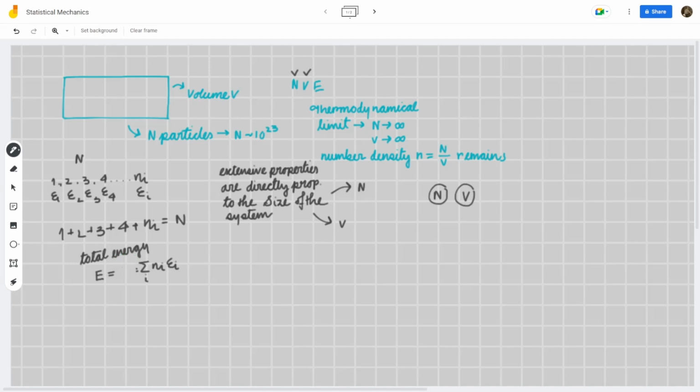Now, from quantum mechanics we know that these E_i values are not continuous. They have a definite gap between two definite E_i's, like E1 and E2 have a gap between them. Similarly for E3 and E2. If that's the case, then we can say that all possible values of E are also discrete.